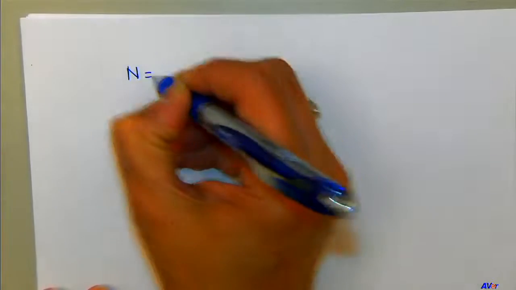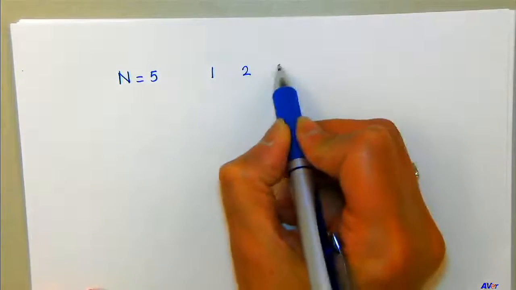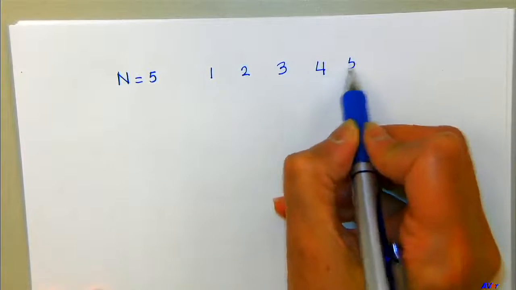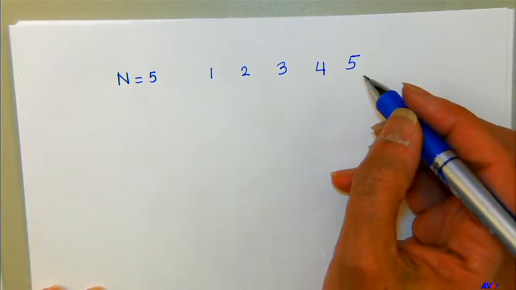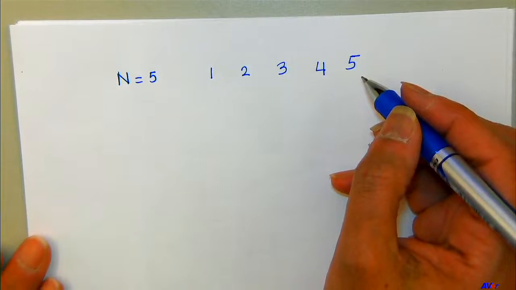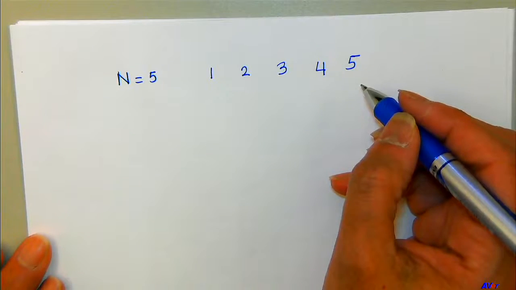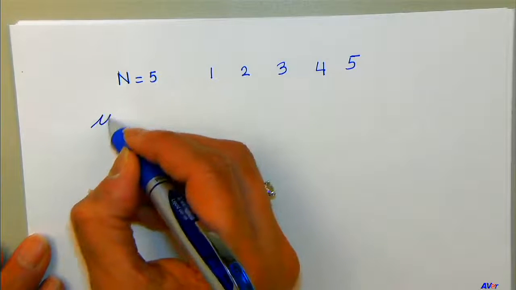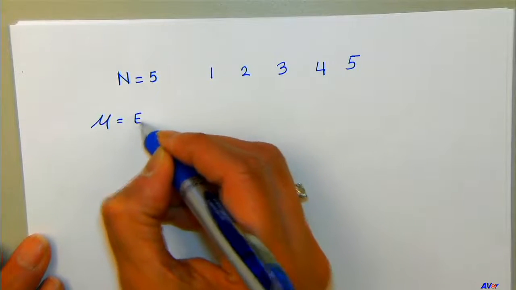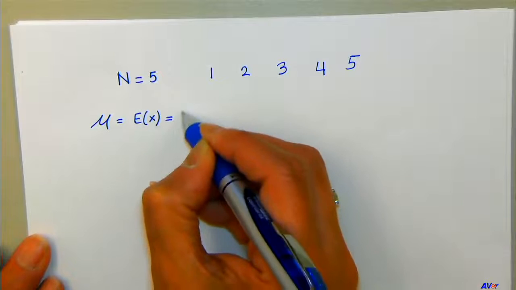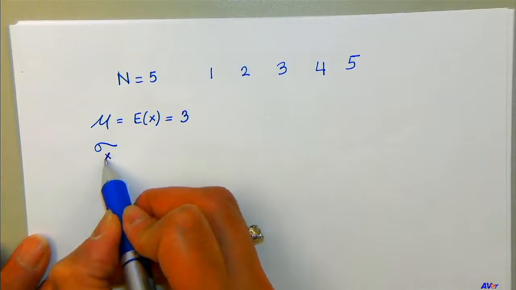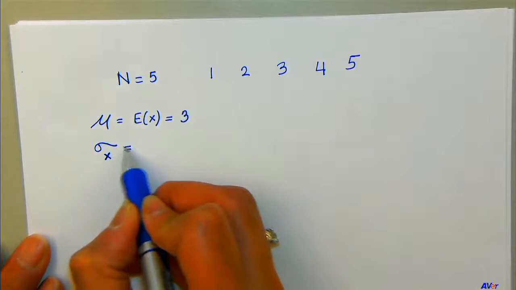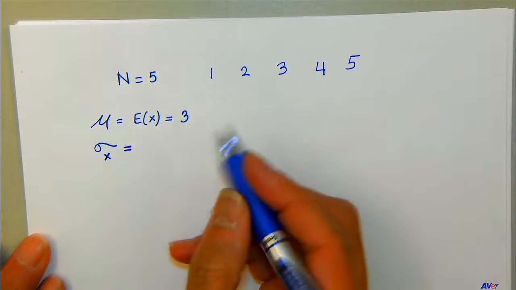What is the mean of 1, 2, 3, 4, and 5? What's the mean? 3. Mu equals E of x is equal to 3. And what is the sigma? Sigma x. 1.414.